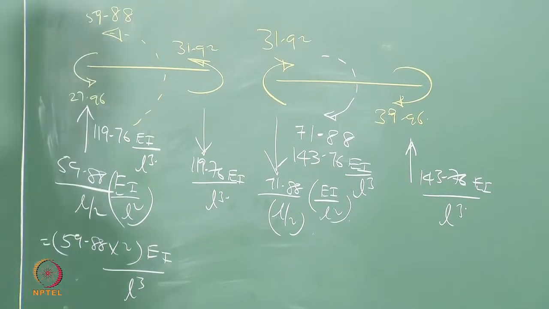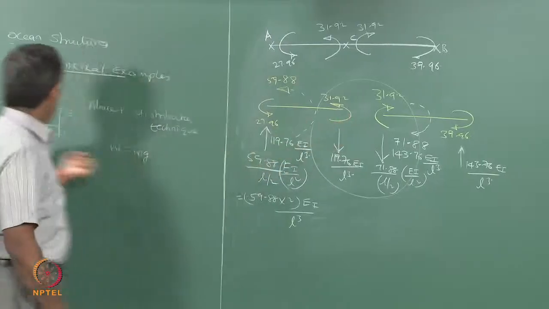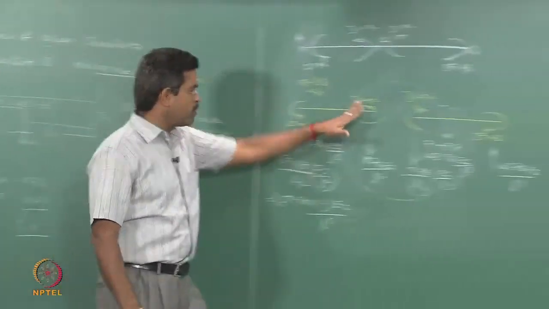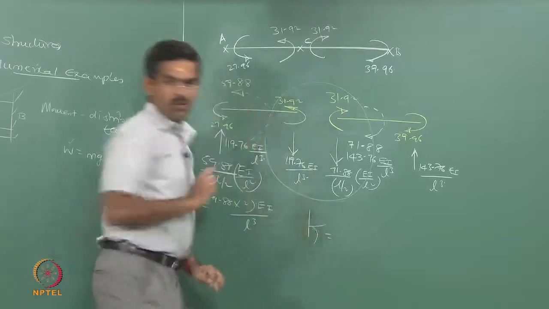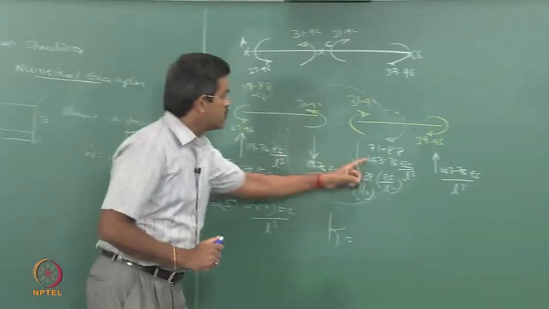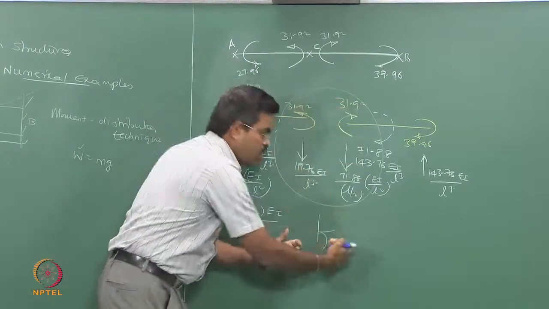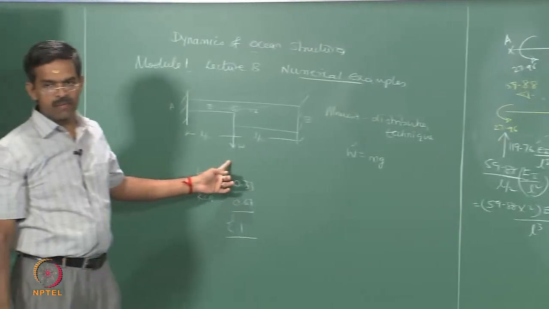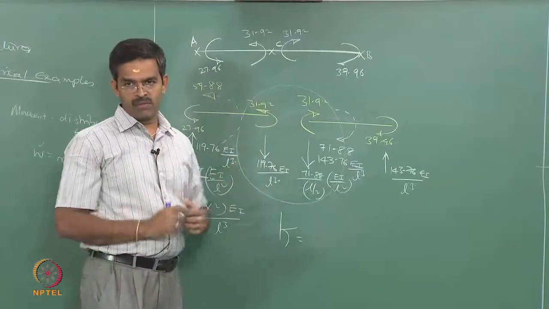Okay. Now, I am bothered about this particular point. Why? This is the point where I have given unit deflection. So, the moment I say the deflection is unity, the force at this point will be equal to my stiffness directly. Okay. So, my K value will be directly equal to the sum of these two. You will see automatically the force is happening in the same direction as that of the displacement. Suppose by mistake if you have got these arrows up, you have done something wrong.